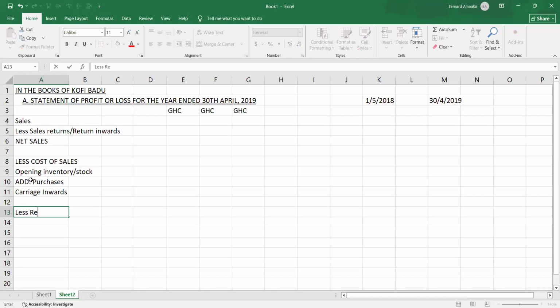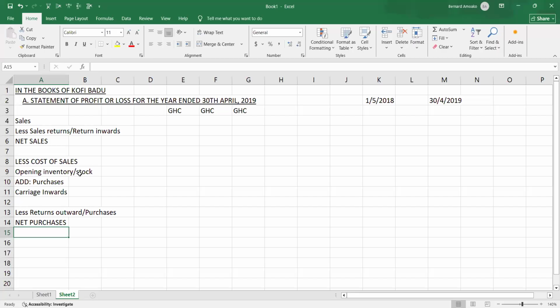Why? Because you might not like some of the items, so you would want to return them to the owner. So we call it purchases return or return outwards. Just like we have sales return, you can have purchases return. These 3 items give us what we call the net purchases.